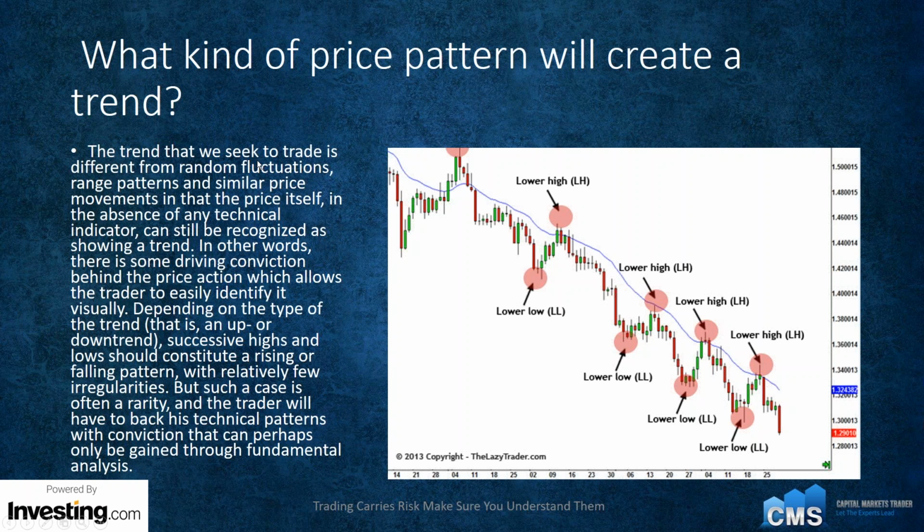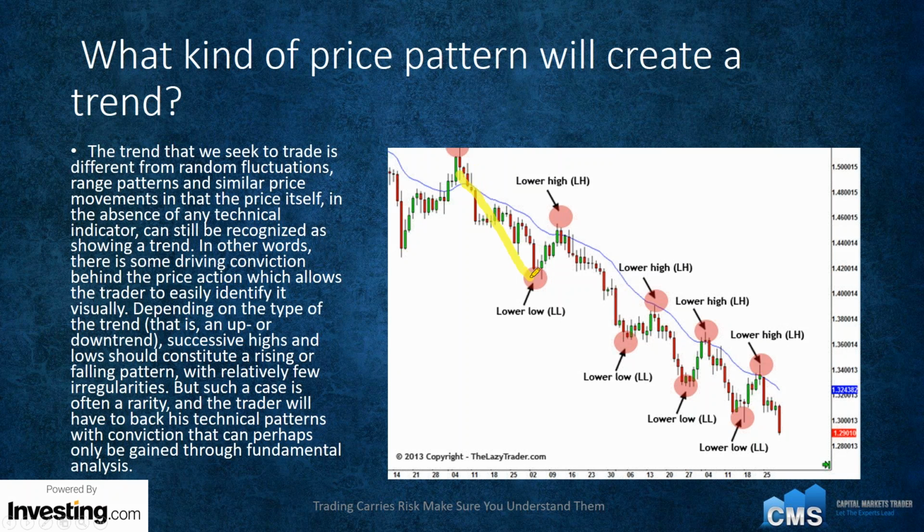The trend that we seek to trade is different from random fluctuations. Range patterns and similar price movements, in that price itself, in the absence of any technical indicator, can still be recognized as showing a trend. In other words, there are some driving convictions behind price action which allow a trader to easily identify it visually. So when we see price moving in a pattern, here we see a downtrend.